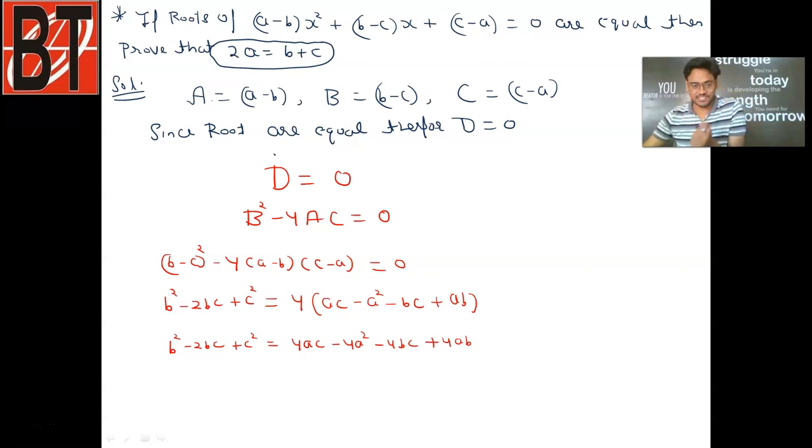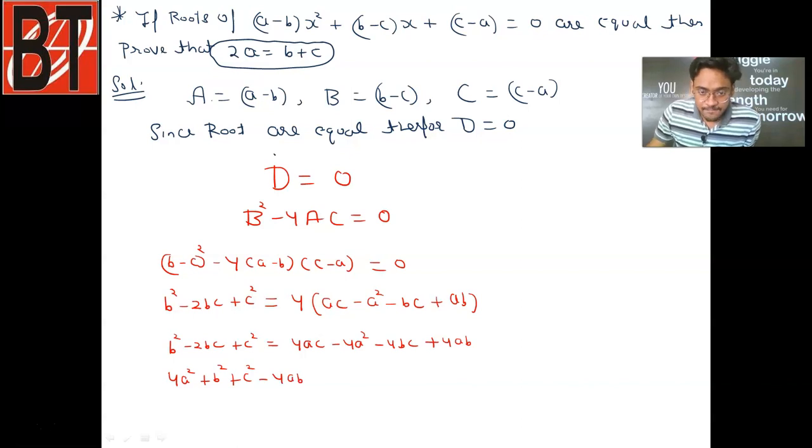See, students, carefully. This minus 4A square, if I transpose to the left hand side, it will become plus 4A square. And we have plus B square, no problem, and also plus C square. Now students, carefully observe. This plus 4AB, when I write it on the left hand side, will become minus 4AB.